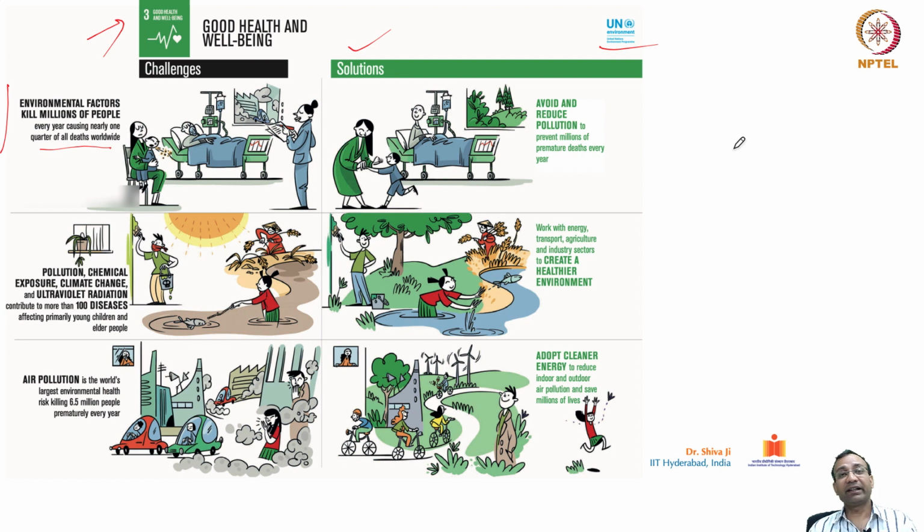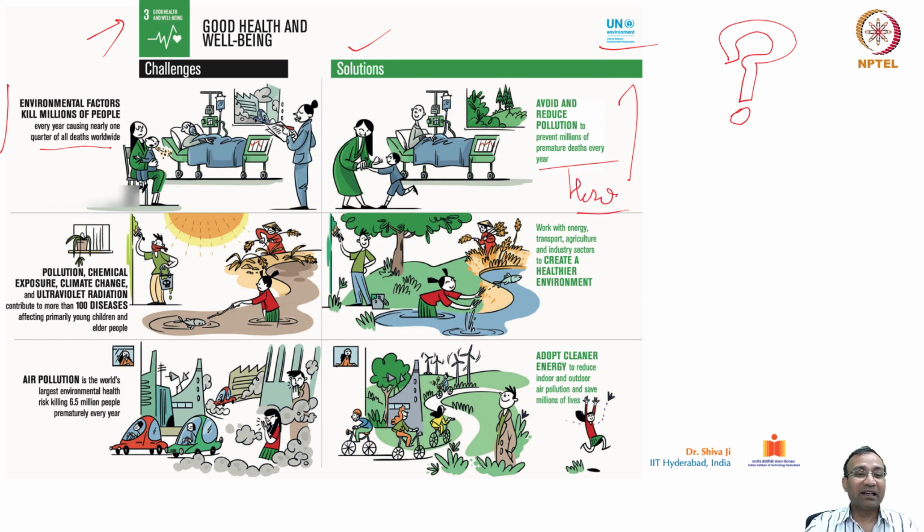Now one can take a call on what modernization and industrialization has really brought to our world. It's a question. I'm leaving it to your own judgment and pondering. Think about it. Well, solutions for this: avoid and reduce pollution to prevent millions of premature deaths every year. Very simple. How to do it is the question.